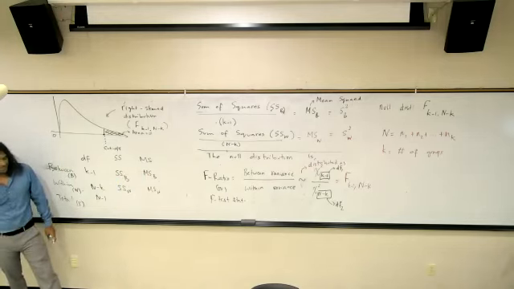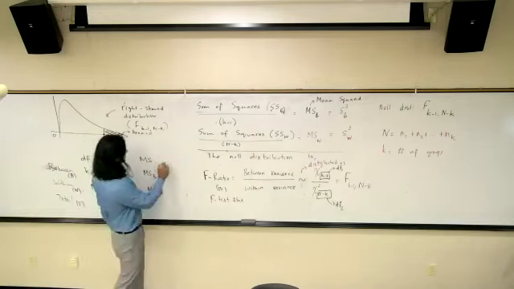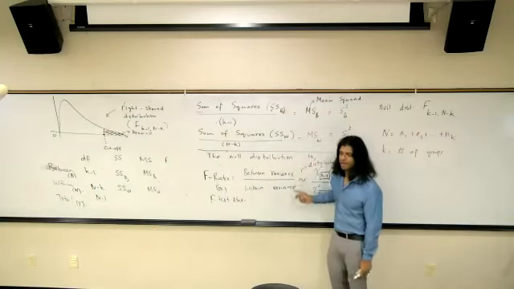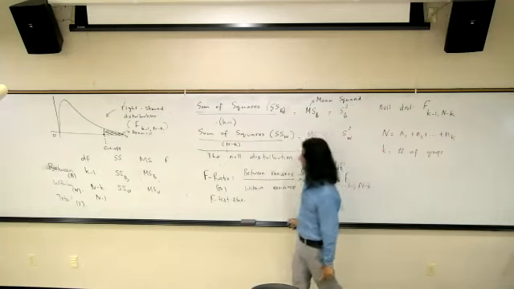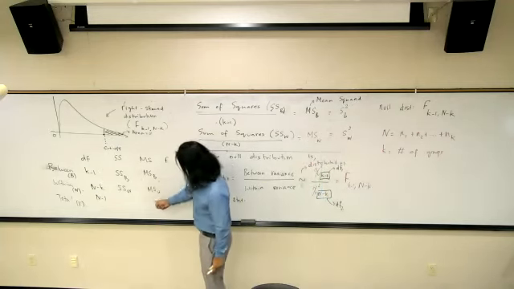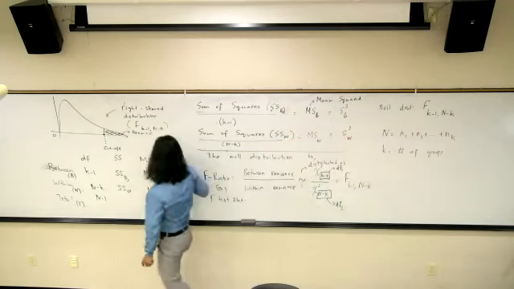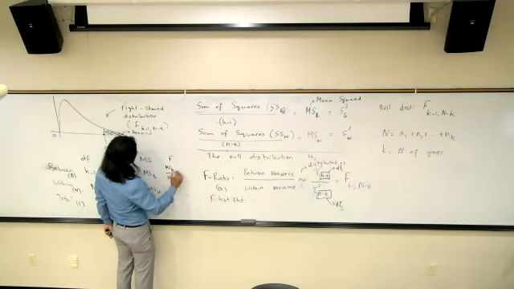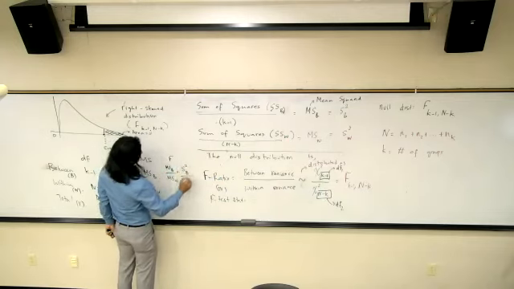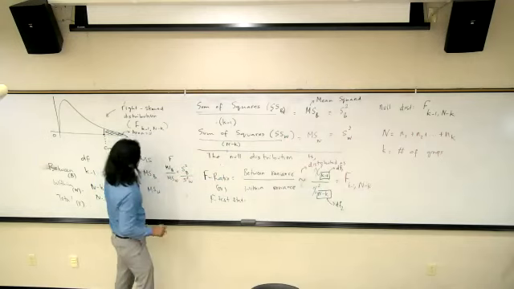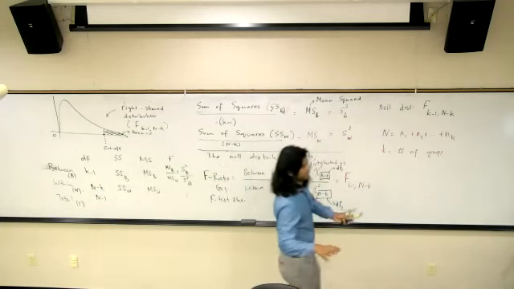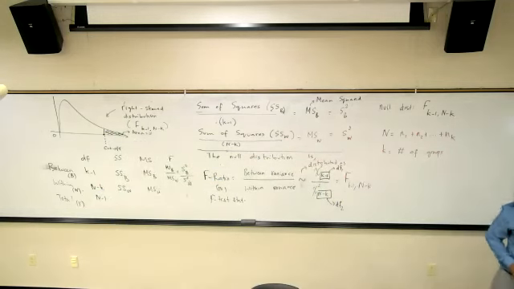How did we find the F ratio, the F test statistic? We divided between variance by within variance. And that will be the table that you will see.